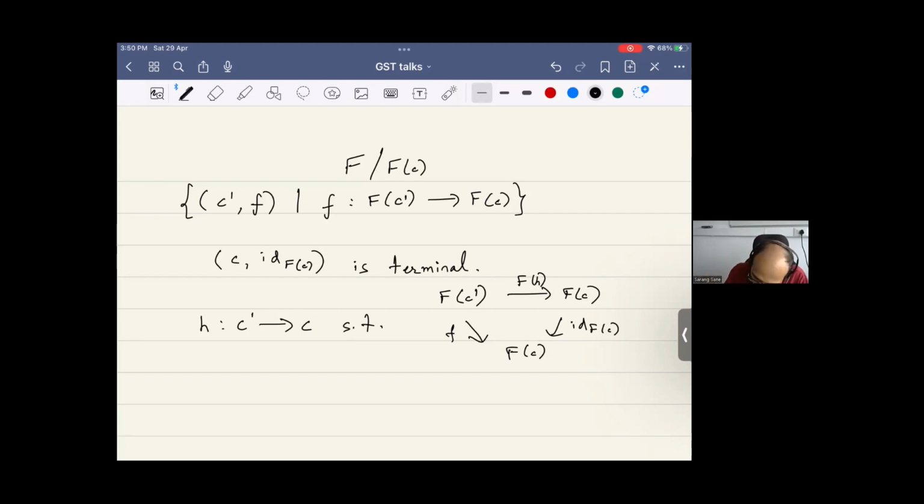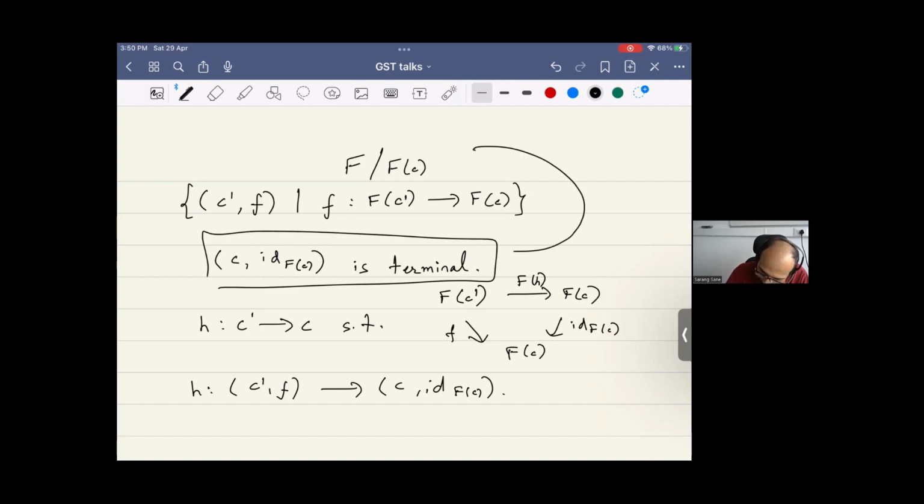And so there is a unique morphism h, namely that morphism such that f of h is little f, so that (c', f) maps to (c, identity). Okay, so this shows that this is a terminal object in this category here.